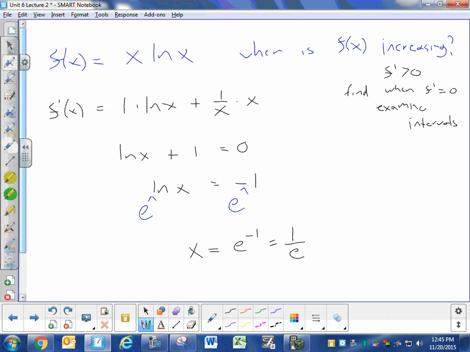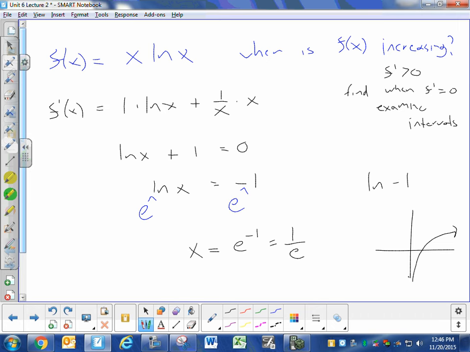Question? You can't plug in negative values into the natural log, but natural log can be any negative value. So I can't take the log of -1. That doesn't exist. But turns out the log of 1 over e gives us -1. So remember the graph of log of x, it looks like this.